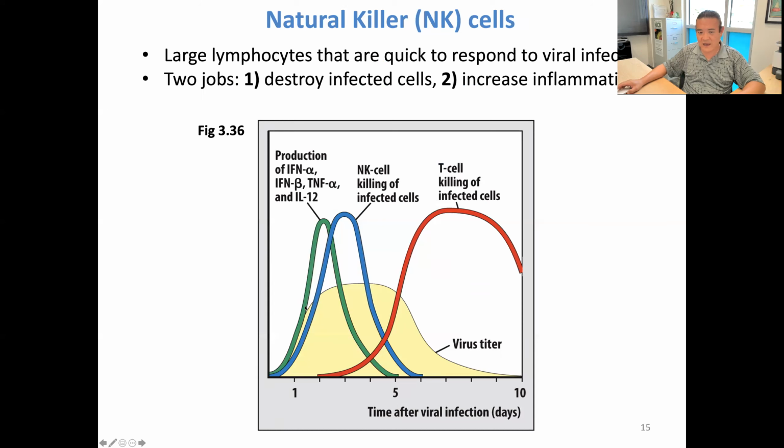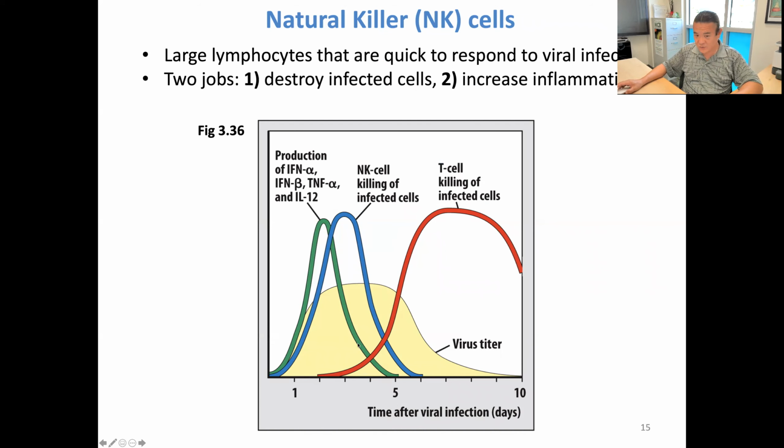But fortunately, you have this production of interferon alpha, right, that already begins to slow the yellow curve down. Then you have the activity of natural killer cells coming and targeting the infected cells of your body and just killing them to take them out of the picture, right? So that they stop making more virus particles.